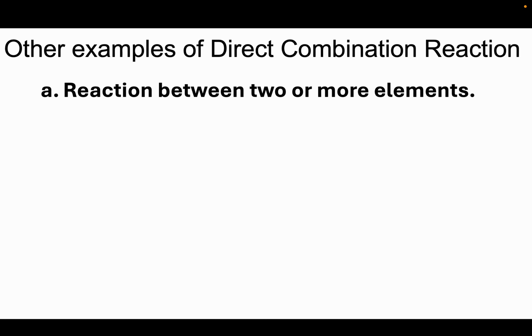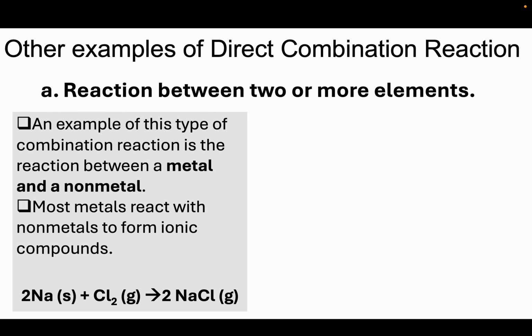So there are other examples of direct combination reaction. Of course, letter A, reaction between two or more elements. An example of this type of combination reaction is the reaction between a metal and a non-metal. Most metals react with non-metals to form ionic compounds. If you can still remember our previous discussion, if on the periodic table, metal and non-metal combine, it is an ionic compound.